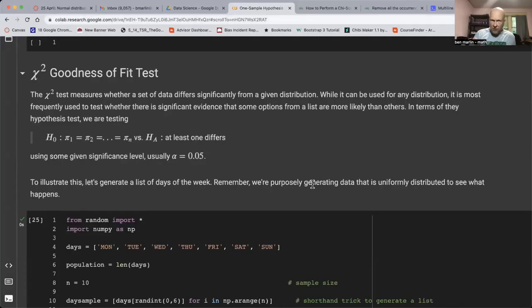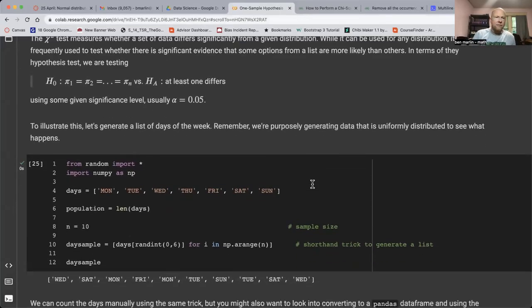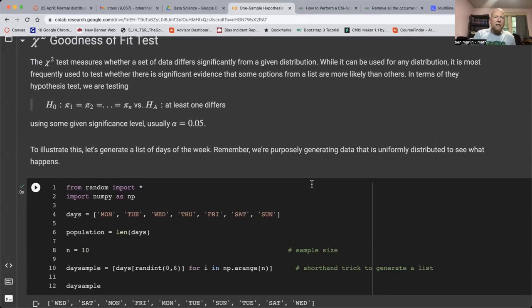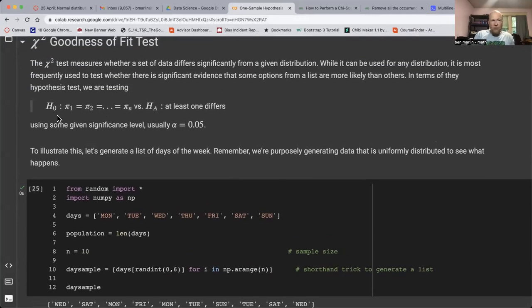So we're going to go back to the notebook here and see how we get the notebook to run that test for us. So in the example, first of all, I want you to see that the idea of the hypotheses is that you say your null hypothesis that you think is wrong is that you have the same proportion or approximately the same proportion in each of the categories you have.